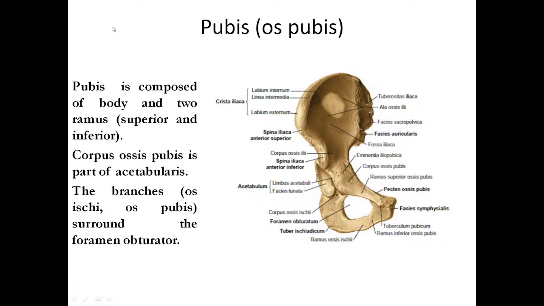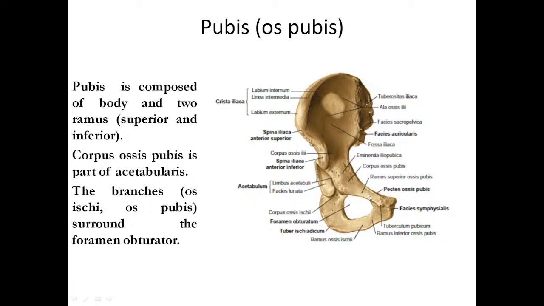Next bone, os pubis. Os pubis is composed of body and two rami, ramus superior ossis pubis and ramus inferior ossis pubis.